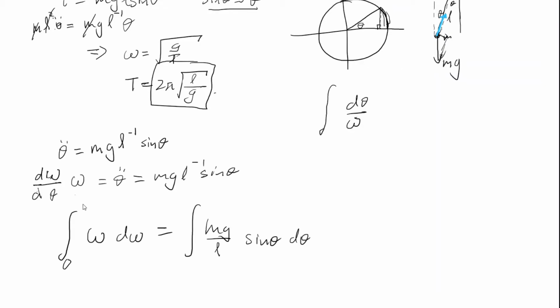So we go from 0 to some speed omega, and we can replace these with omega primes, and as we go from the top angle, which we'll call theta naught, to some angle theta, we'll make these theta primes. But obviously that doesn't really matter. This gives you omega as a function of theta.